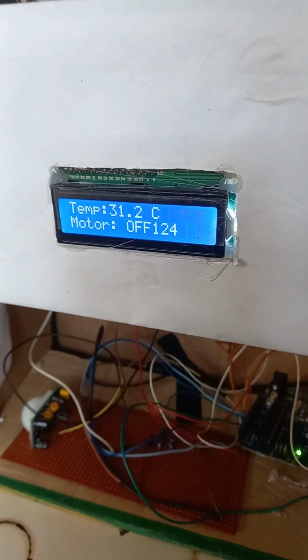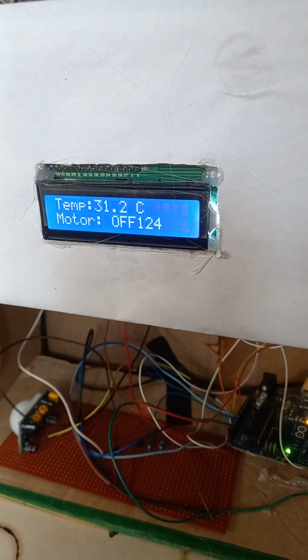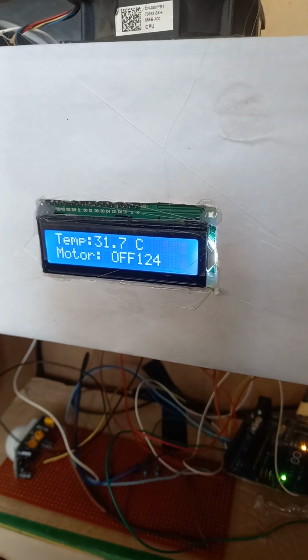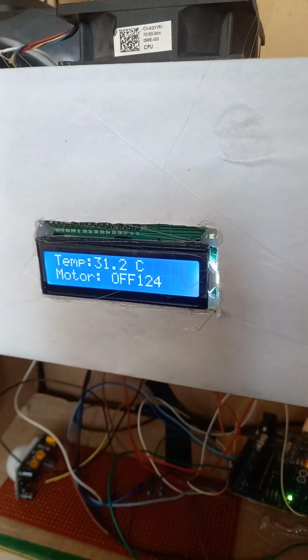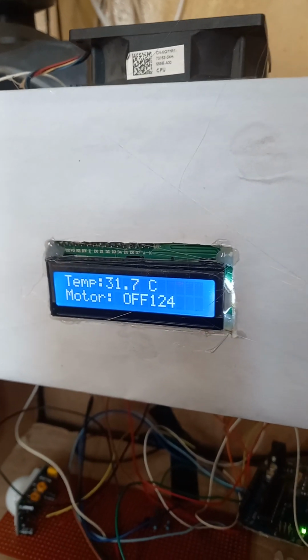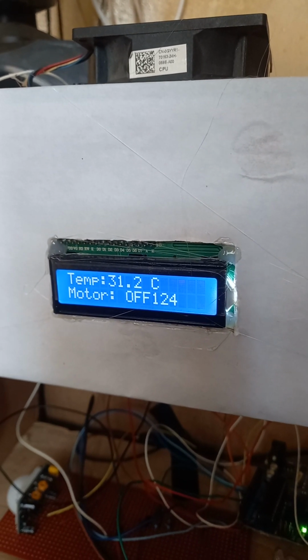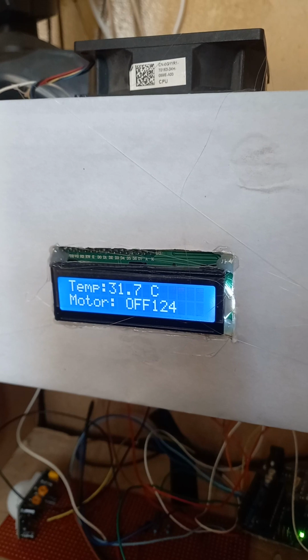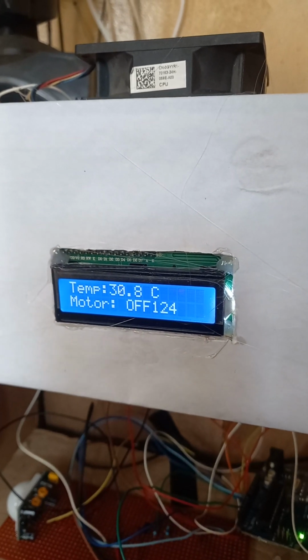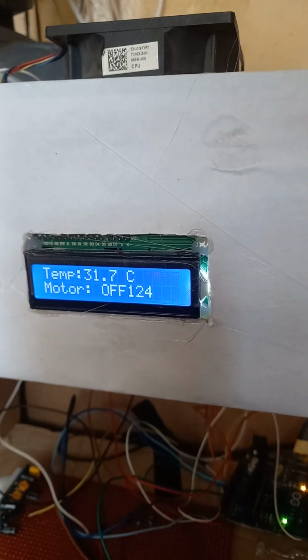To confirm that if temperature increases, the speed of the motor also increases, I'm going to turn the motor on, then increase the temperature by placing the sensor near a light source. If I place the sensor near a light source, the temperature will increase, and we are going to see if the rotation of the motor also increases.